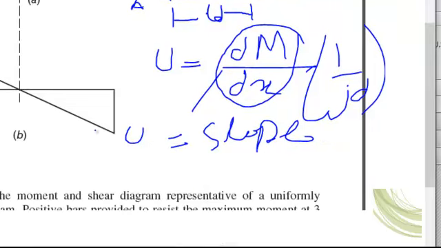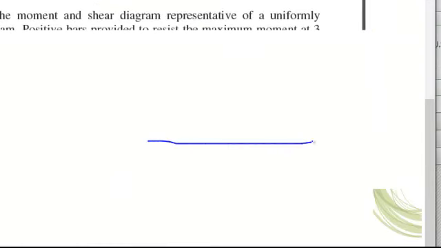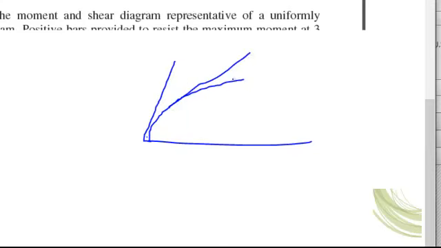So basically, you know that if this is the moment diagram, and I draw a tangent with this line, clear? Okay, if I draw tangents with these lines, at this point your tangent becomes horizontal. So this slope, if I draw a horizontal with this slope, clear?